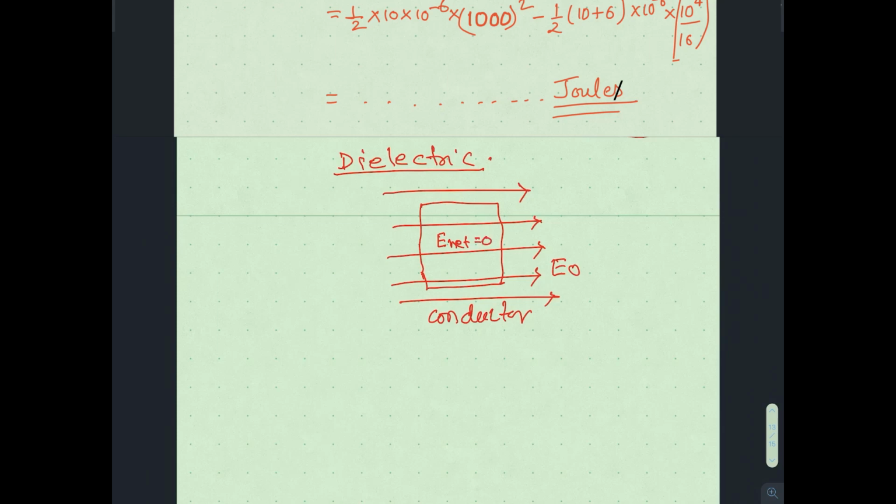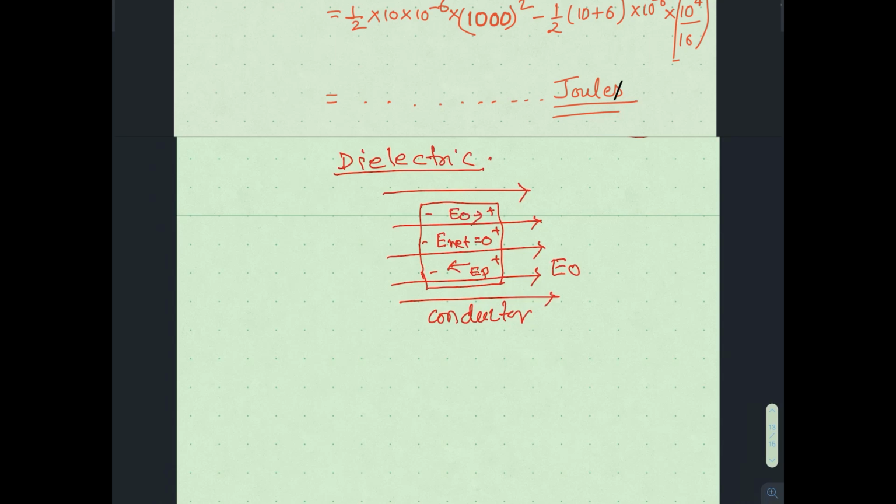Why is it 0? Because due to induction, positive charge goes in this direction and negative charge in this direction, and an electric field EP is generated opposite to the applied electric field E naught.